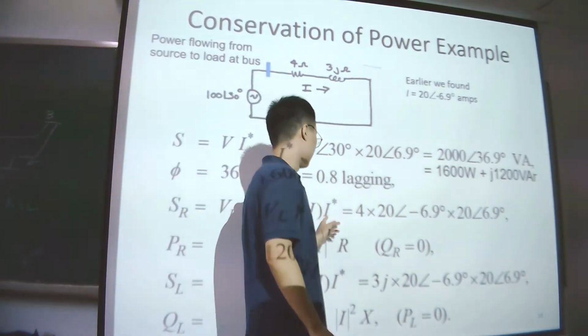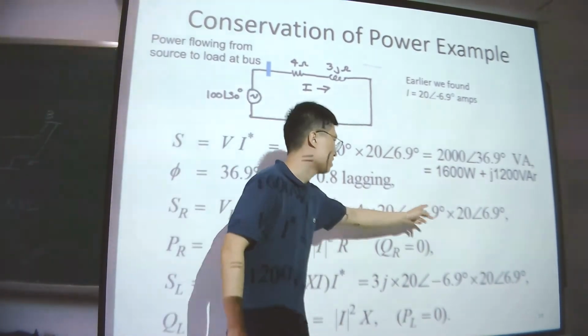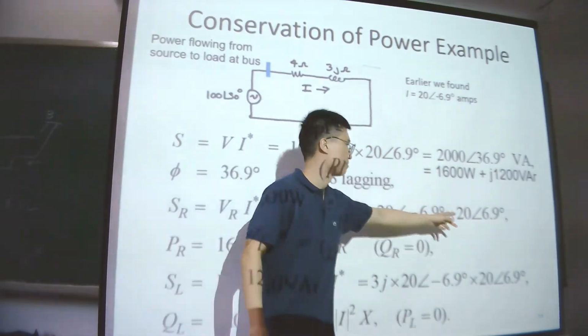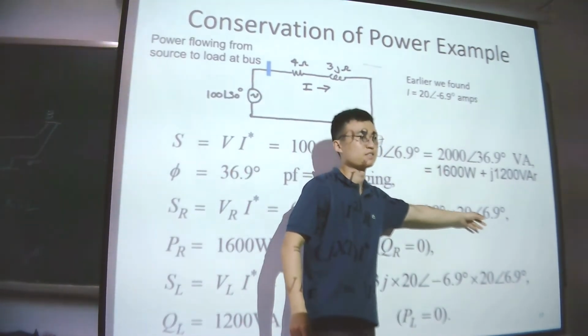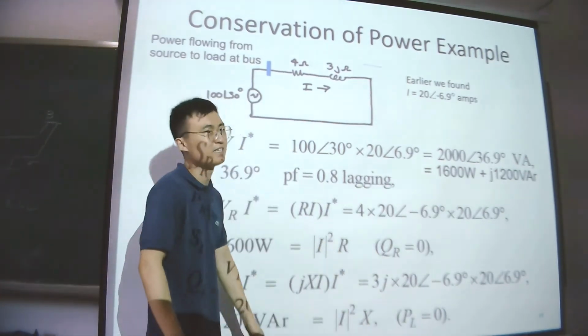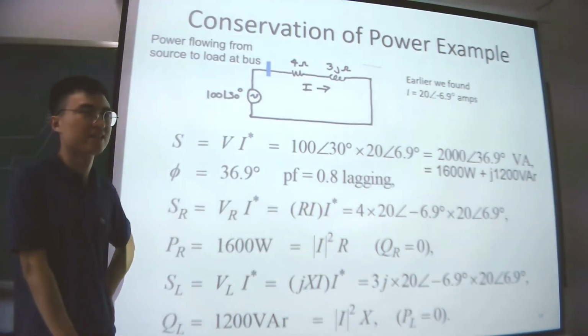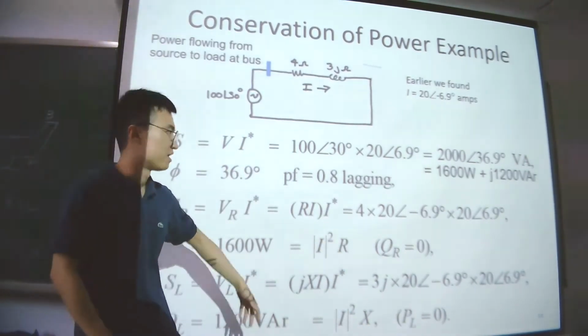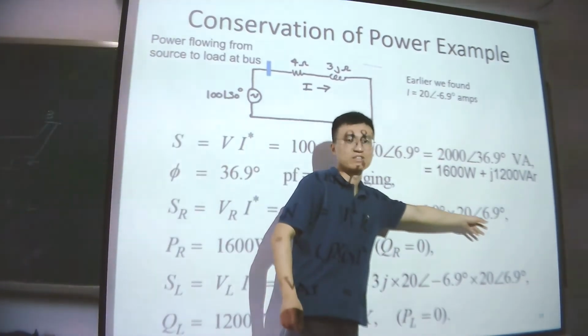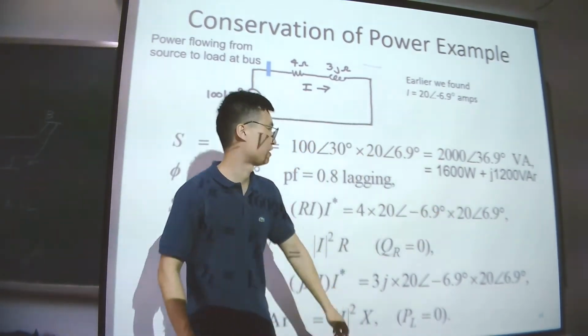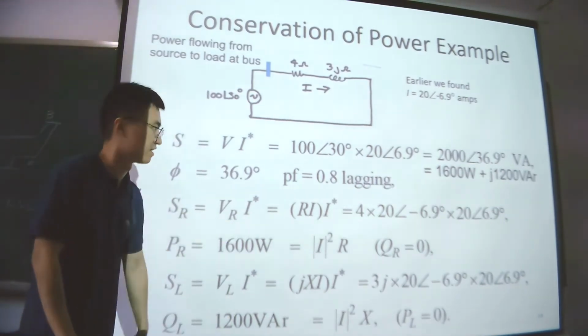But why is the current for this positive 60? Anybody knows this? Why is one positive and one negative?